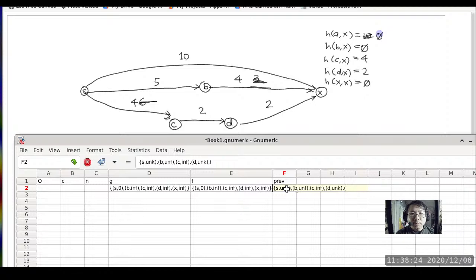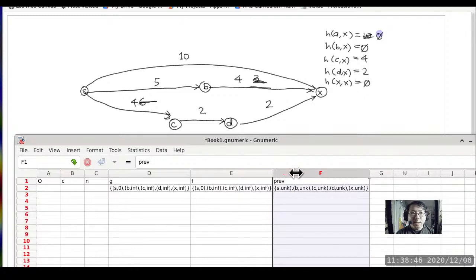Okay, I typed the wrong thing. I'll go back and fix it. And then X also has an unknown previous. So let me go back and change the INF because we are not talking about infinity here. We're talking about unknown. So UNK is the abbreviation of unknown. There we go. So now we have everything that we need to track in this algorithm.